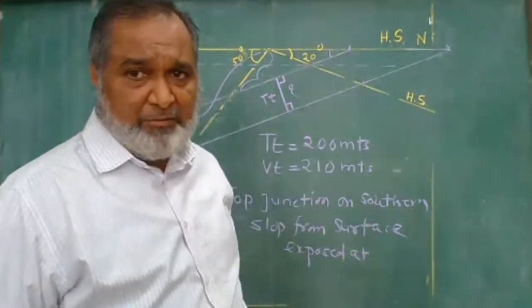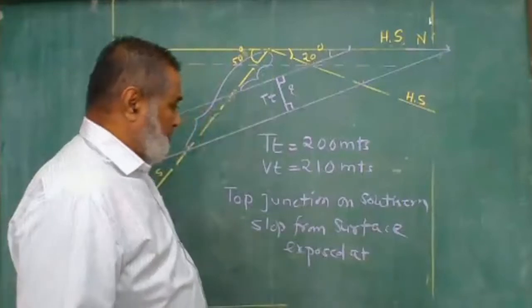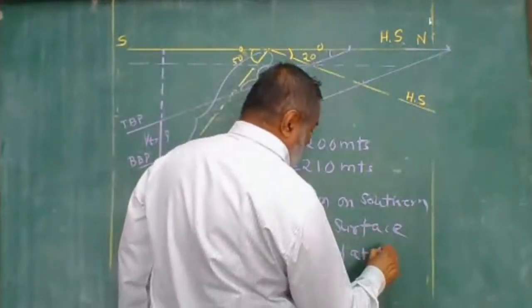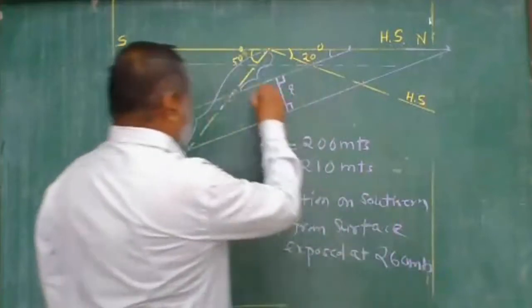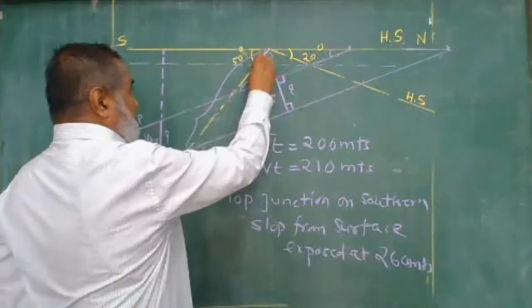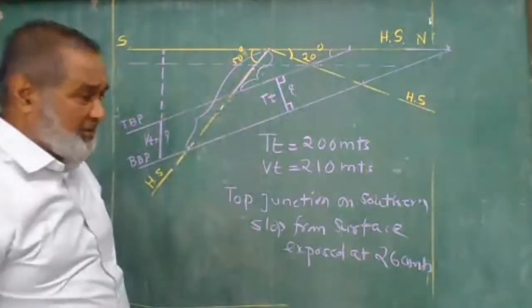And how many meters? It should be 2.6 centimeters, which means 260 meters. The top junction, this point, from the surface should be 260 meters.